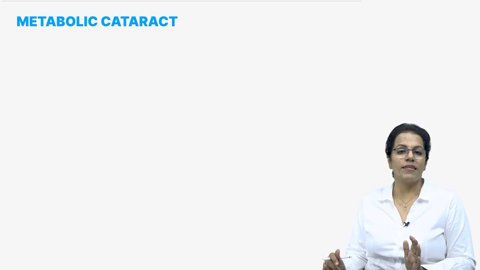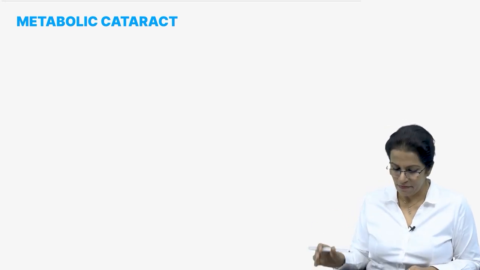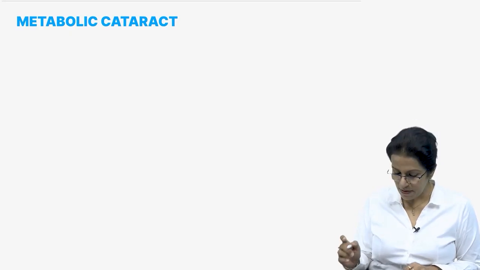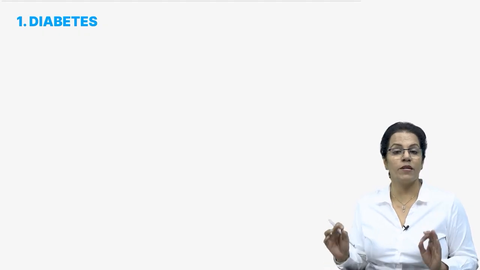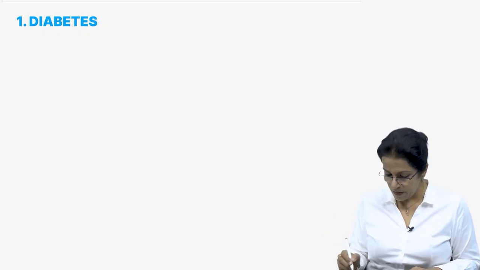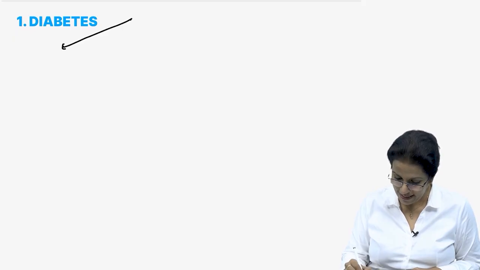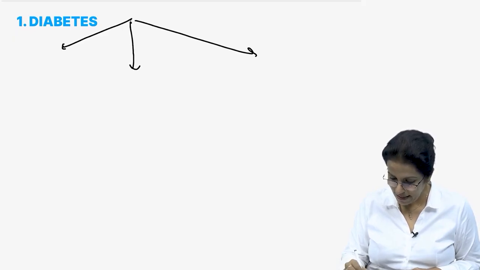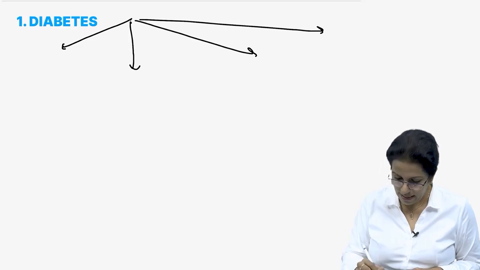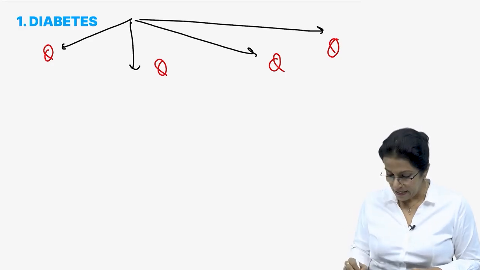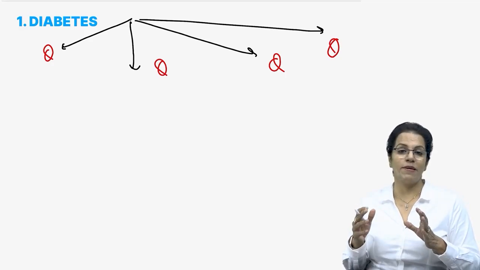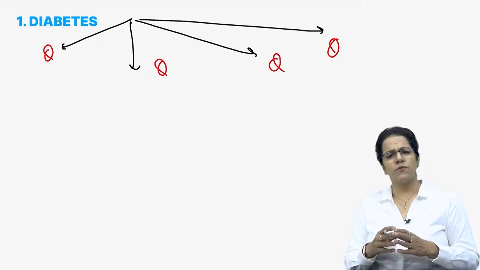Next we talk about metabolic cataract. Metabolic cataract, first important is diabetes. What are the points we have to know in diabetes? We always learn like this. Make the 4 arrows and let's not forget all our exam questions. First important point, why will there be cataract in a diabetic patient? So what is the story?